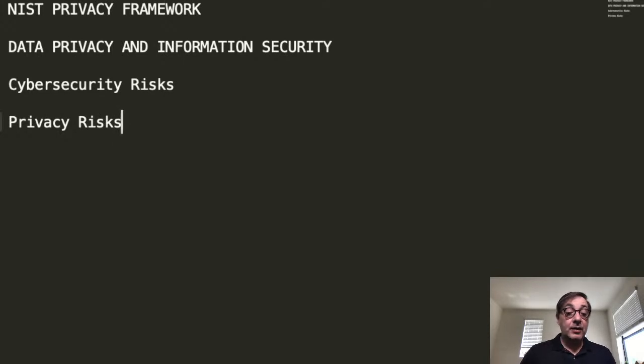So as you see in this, as you imagine the Venn diagram here between the cybersecurity risks and privacy risks, there are these two, and there's an intersection between these two. The intersection is the cybersecurity risks related to privacy. That's the intersection. And that's where the privacy framework tries to focus.